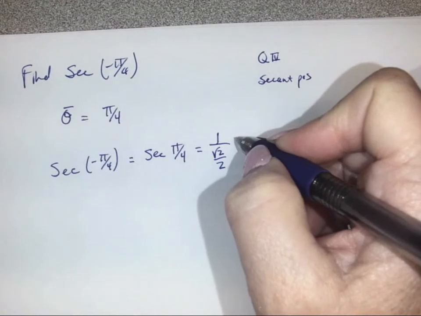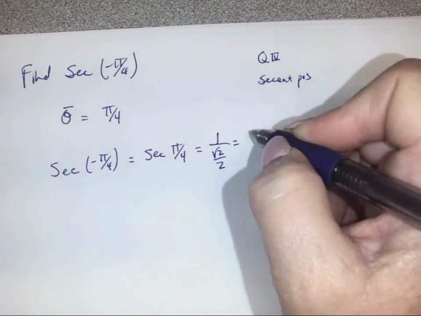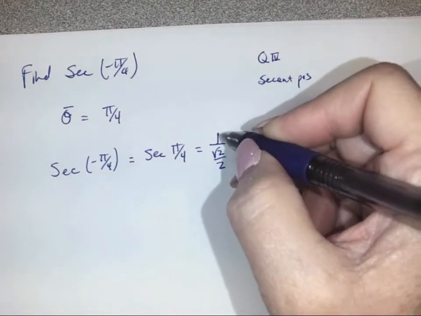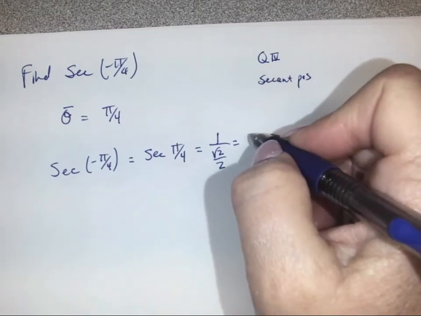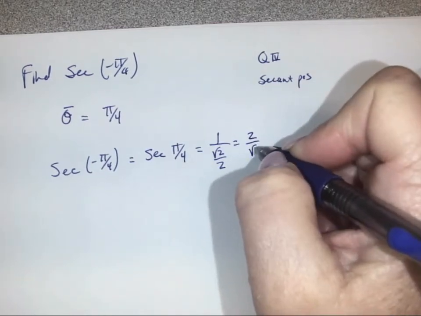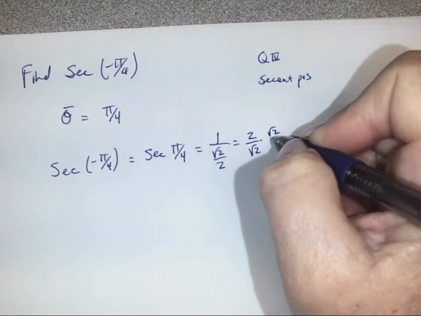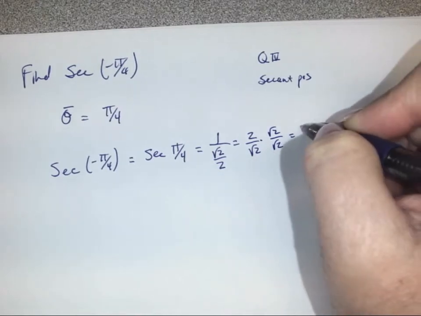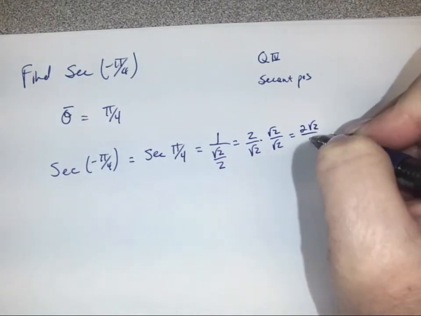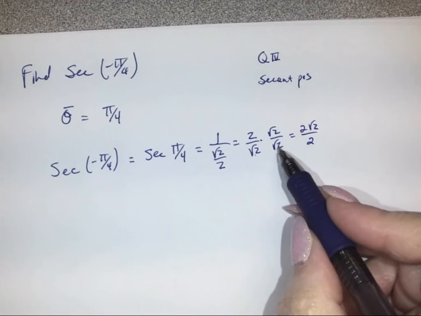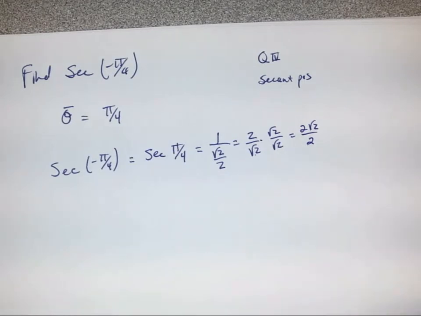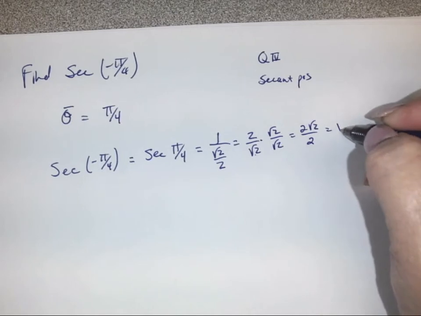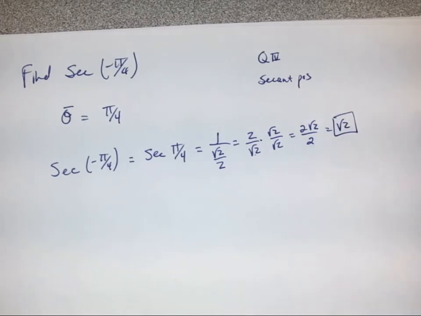Again, we don't divide by fractions, we multiply by reciprocals. So the 1, we're just going to multiply it by 1. So the 1 doesn't matter, so we end up with 2 over the square root of 2. Rationalizing our denominator, we get 2 square roots of 2 over 2, because square root of 2 times square root of 2, square root of 4 gets us 2. And then the 2's will reduce, we'll end up with the square root of 2 as our final value of our function.